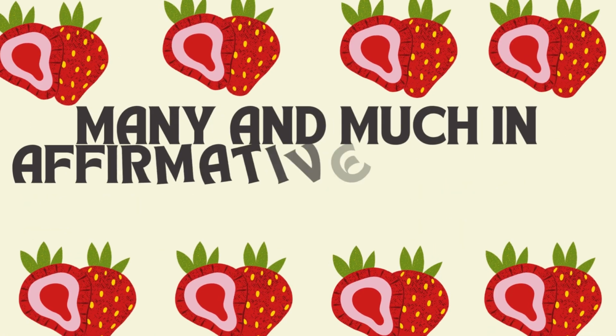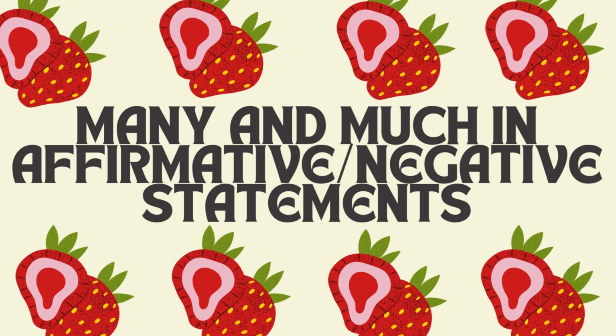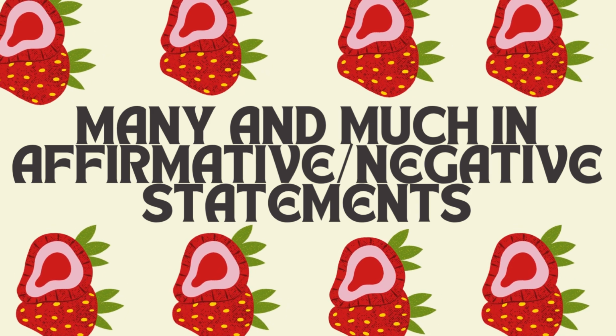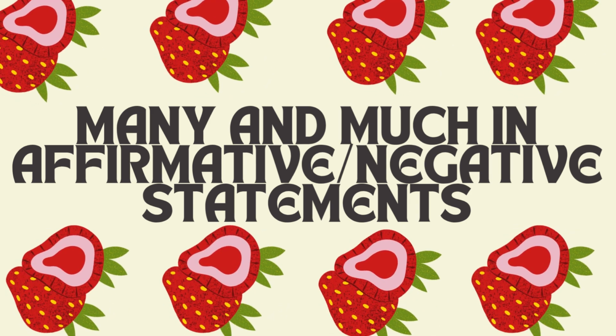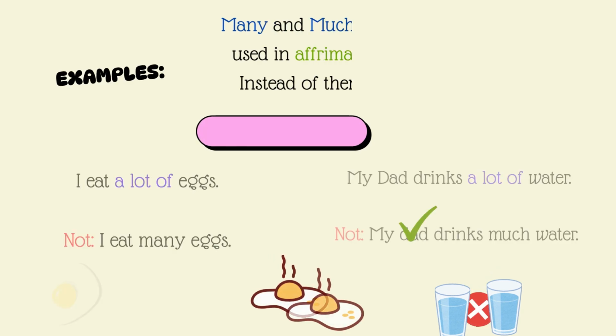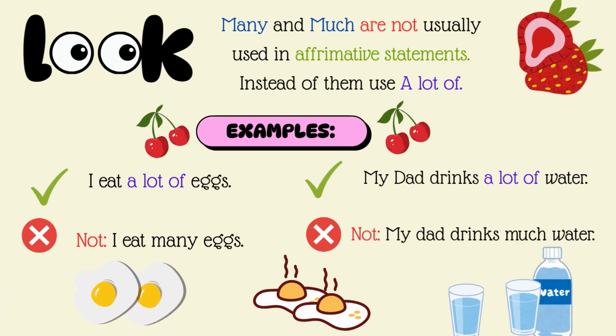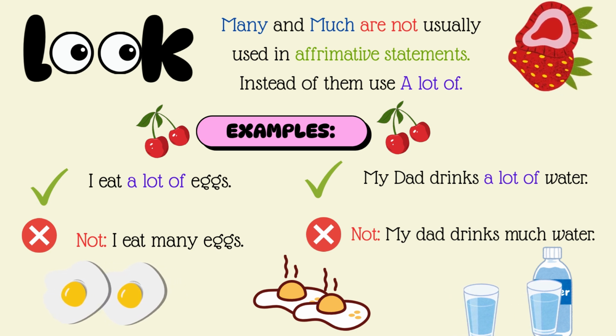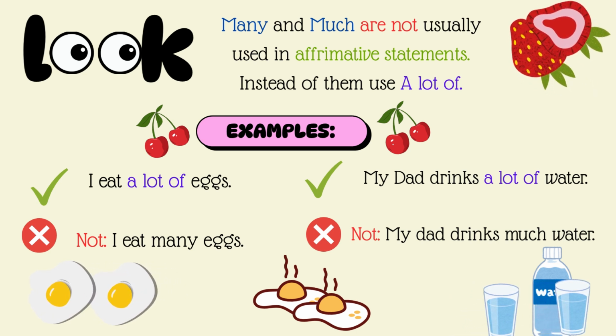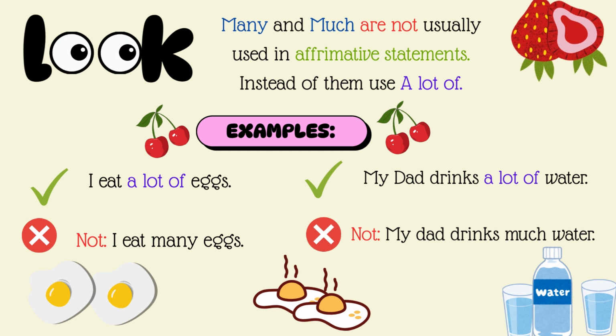Okay guys, now we have many and much in affirmative and negative statements, right? So let's take a look at this part of the grammar. It says many and much are not usually used in affirmative statements. Instead of them, use a lot of. So look at the examples.